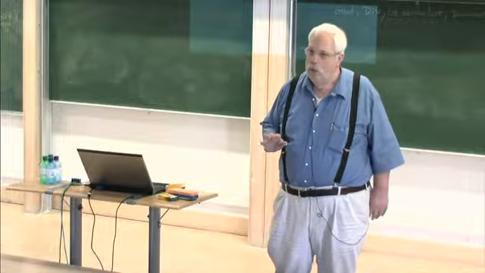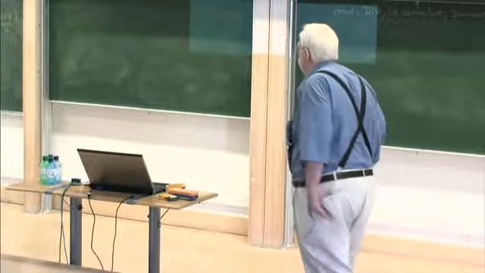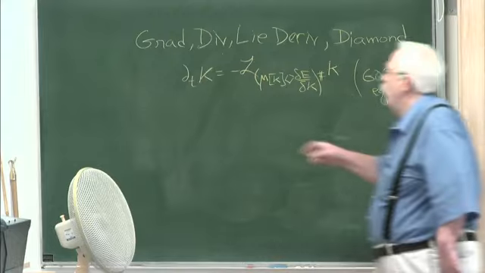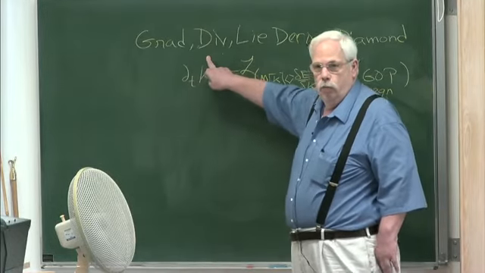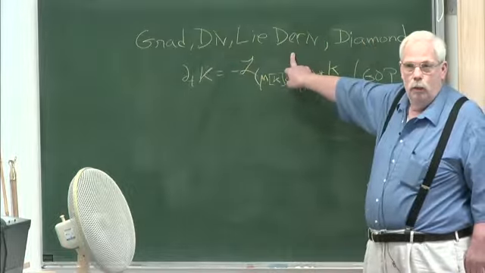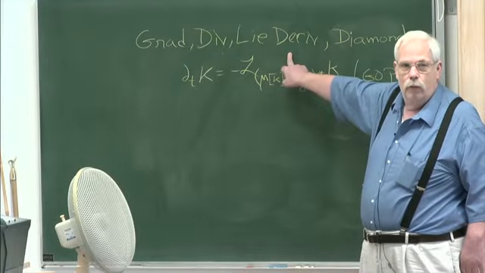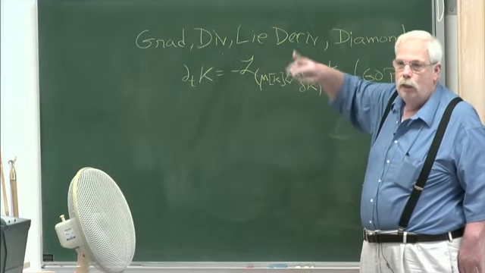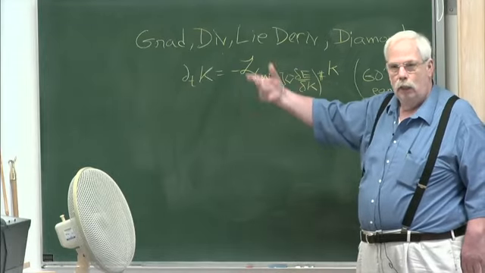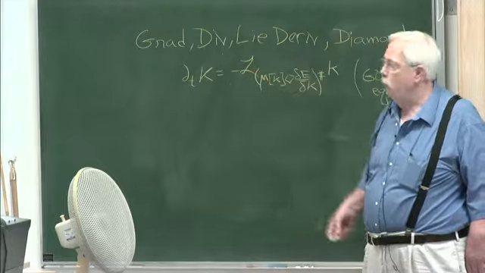You only needed to know, first of all, you already knew about grad and div. And anyone who's ever done a variational principle knows about the Lie derivative, because variations are defined as d by dt, d by ds at s equals 0 of something that you introduced in s.